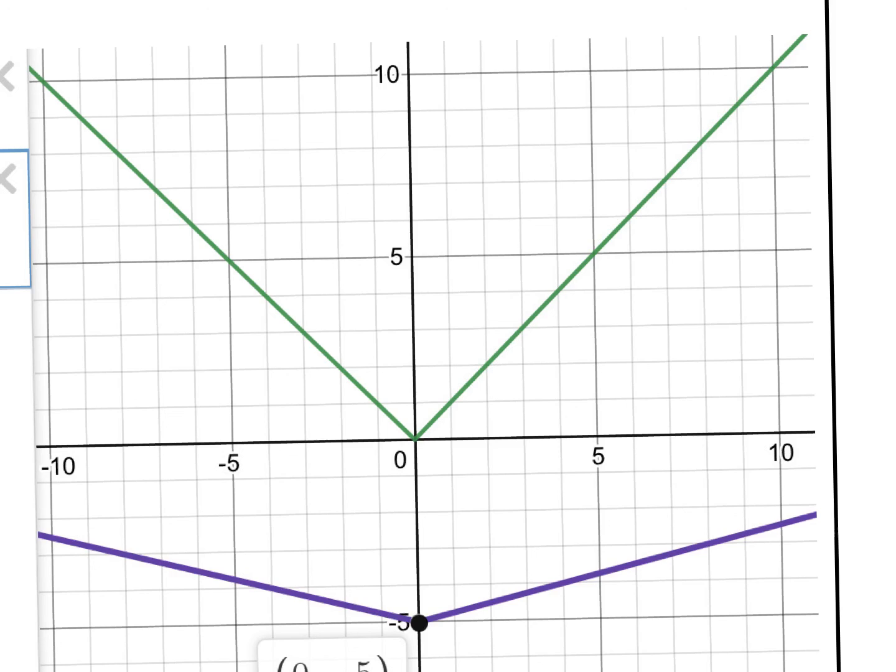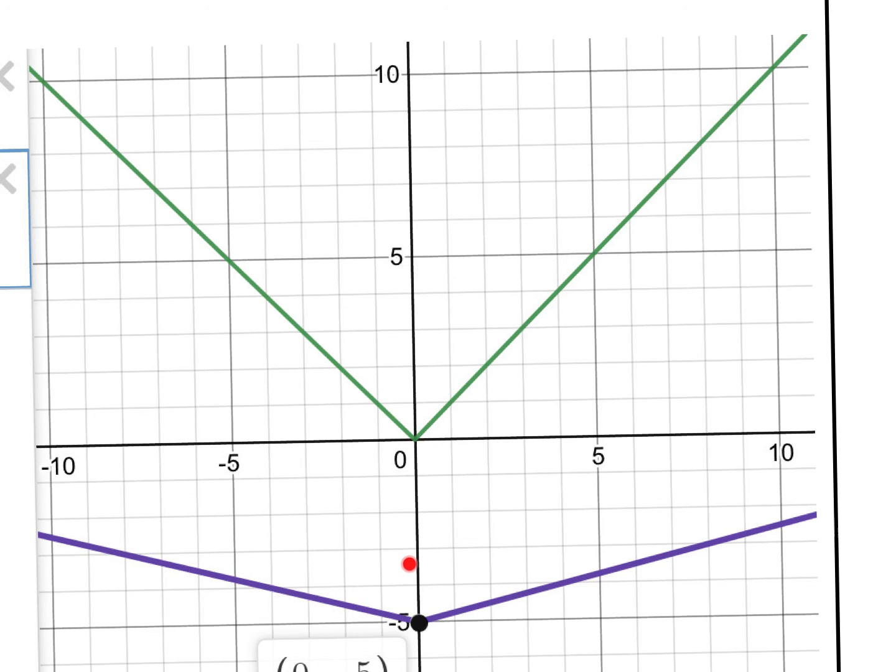So the vertical stretch and stuff, I said this before, that's not going to affect the range or the domain, or horizontal stretch and compression. That just kind of affects the appearance of the graph and your output values, but it's not really going to affect your domain or your range. So original y is greater than or equal to zero.